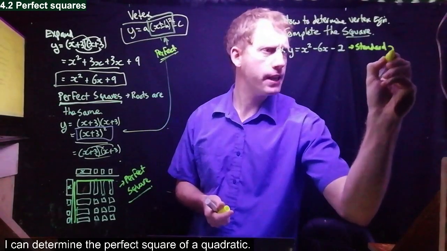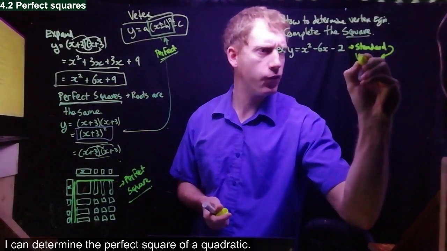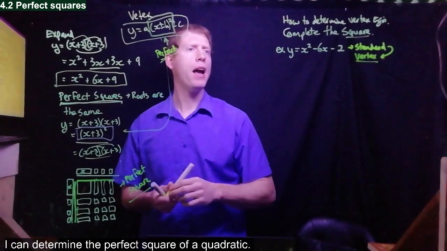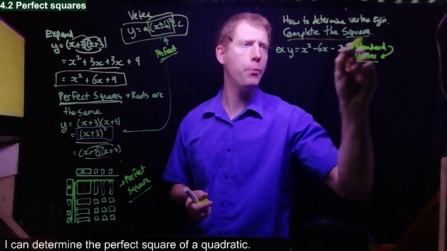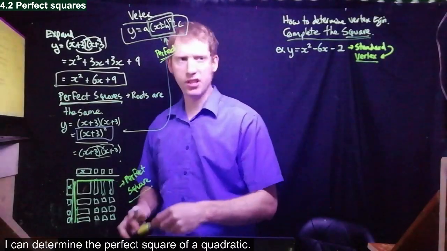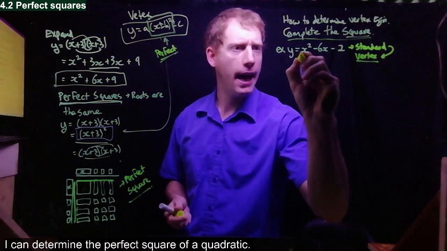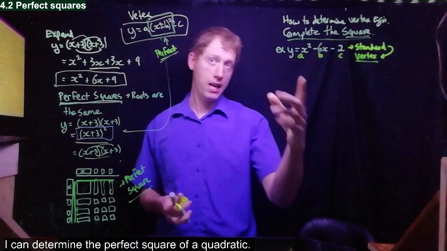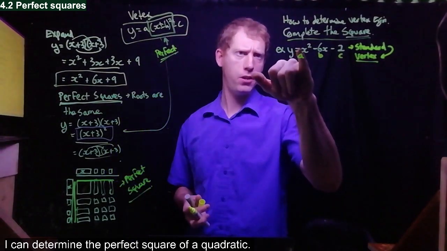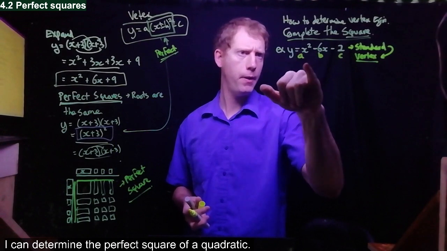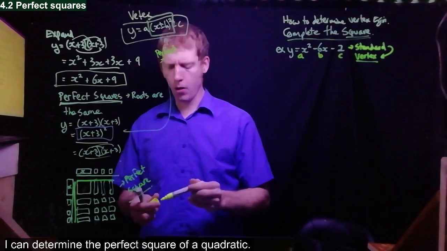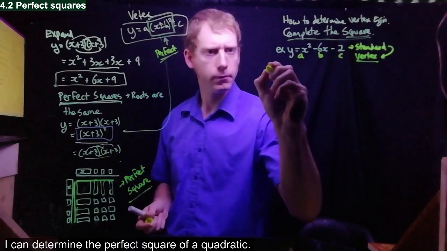How can I go from standard form into vertex form? We can do that by doing this operation called completing the square. And the procedure is we have A, B, C. Okay? In standard form, we have the coefficient, the number here is called A. In this case, we have 1. In this case, it's minus 6. In this case, it's minus 2. So the steps.